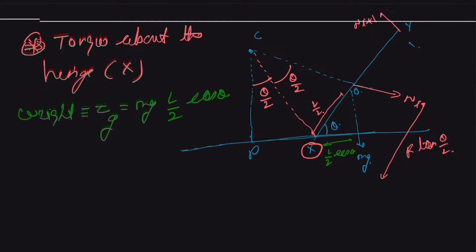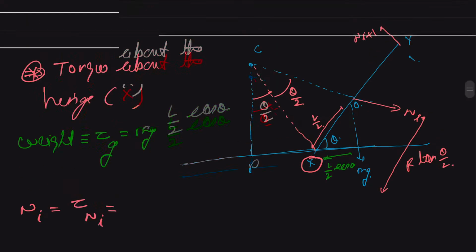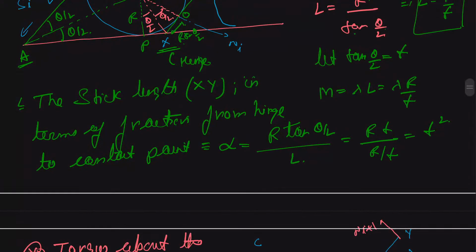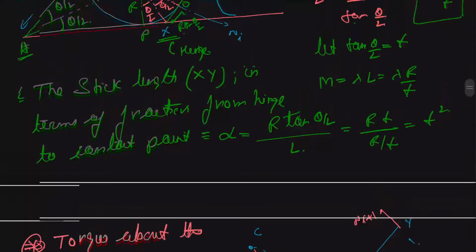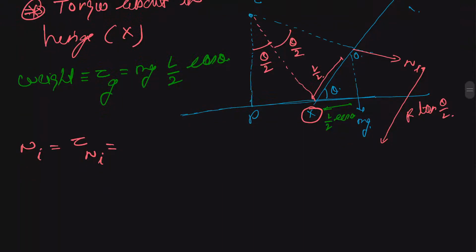And then will be normal, our N of i. So we have our N of i, and let us write this as tau N of i will be equal to r tangent of theta, but r tangent of theta by 2, and that is nothing but equal to our distance of r tangent. Okay, we can solve this r tangent of theta.